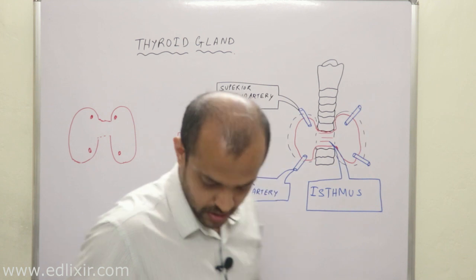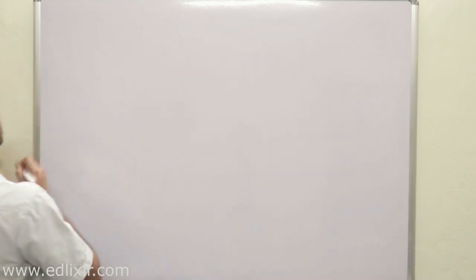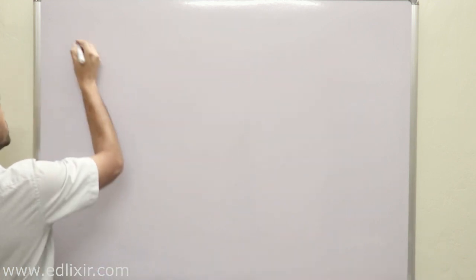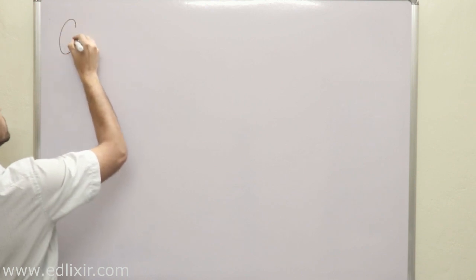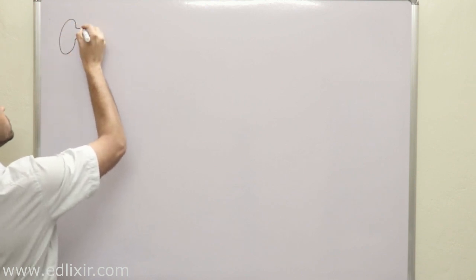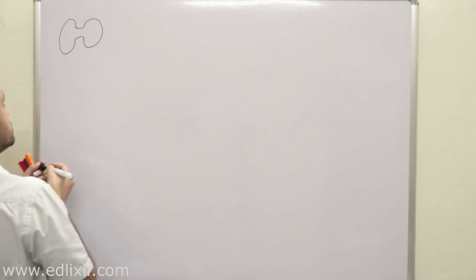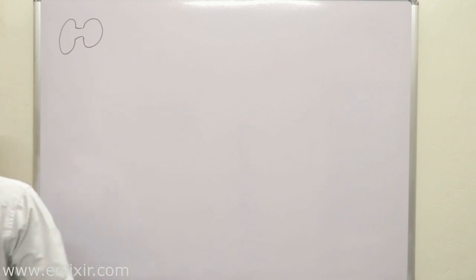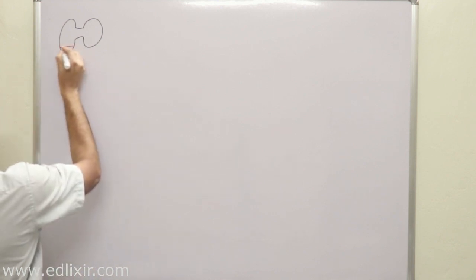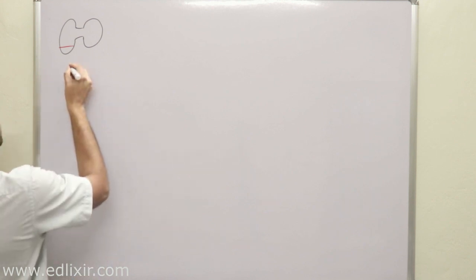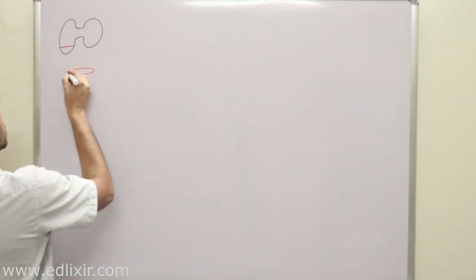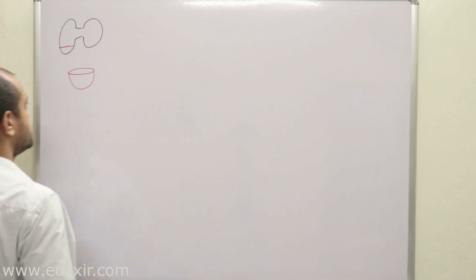Okay. So now we will be talking about the histology, or the internal decorations of the thyroid gland. Suppose this is your isthmus, and this is your thyroid gland. Now listen, if you get a transverse section of this, then you will get this portion.